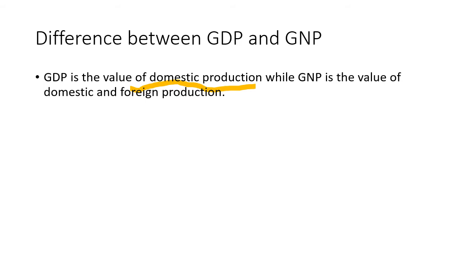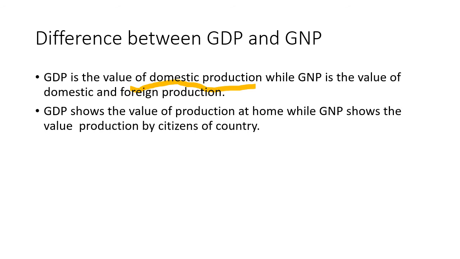And the value of all goods and services produced by the citizens of a country, either within the geographical boundaries of the country or outside the geographical boundaries, is called GNP. GDP shows the value of production at home, while GNP shows the value of production by citizens of the country.